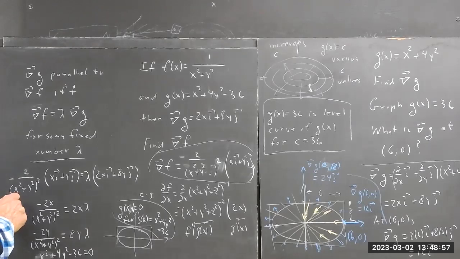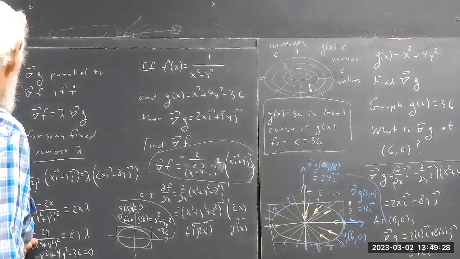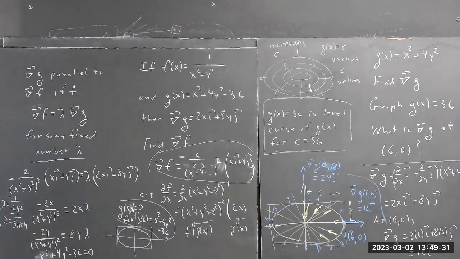And this should have been -1/1296, careless. So you're going to get lambda equals -1/4 of this. I kind of think it's right.